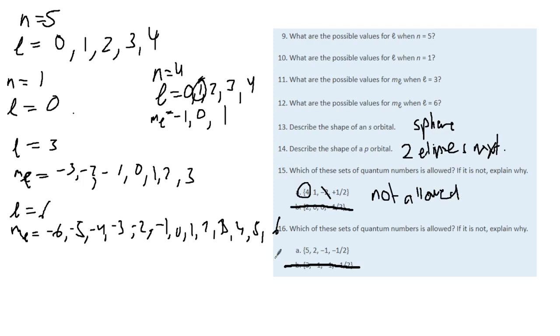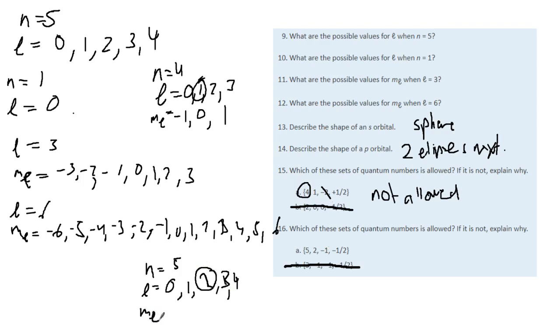Next, 5, 2, -1, and -1/2. So we have n is equal to 5, so L can be equal to 0, 1, 2, 3. Actually, I forgot. It's gonna be 0, 1, 2, 3, or 4, and then it is 2, so that's allowed.